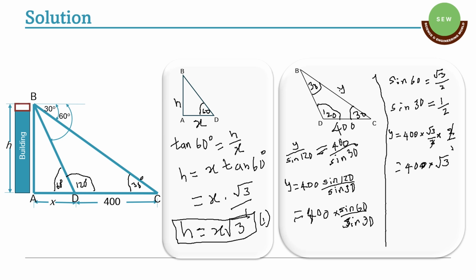So we now say y equals 400 square root of 3. Let's call this expression 2.